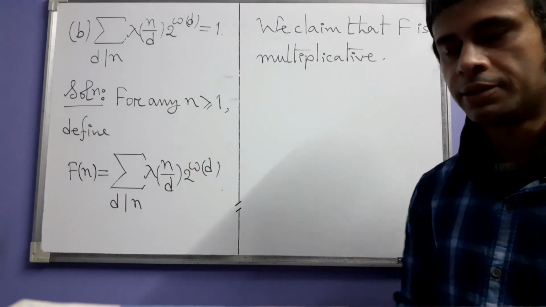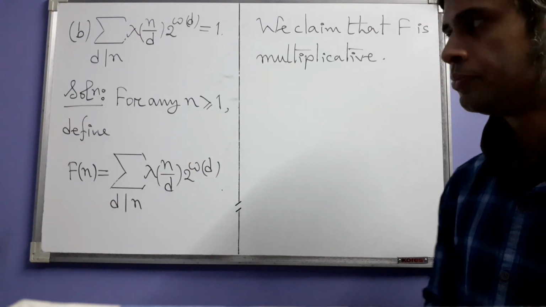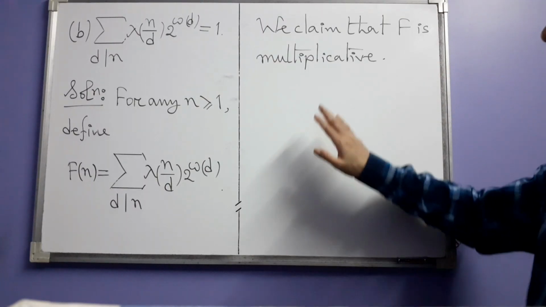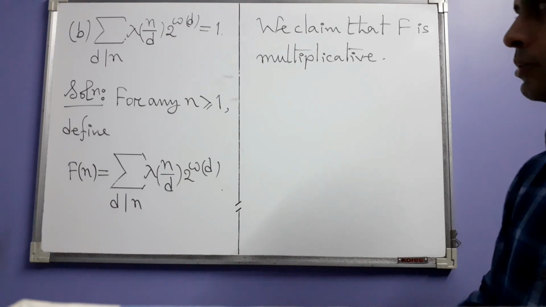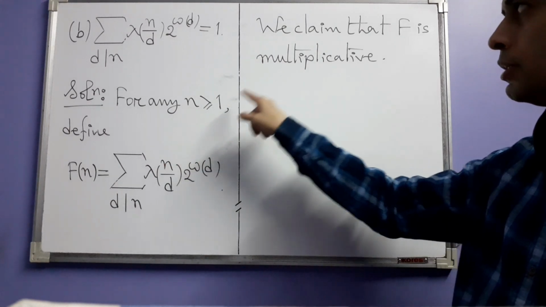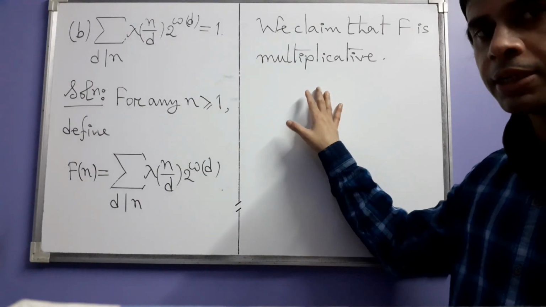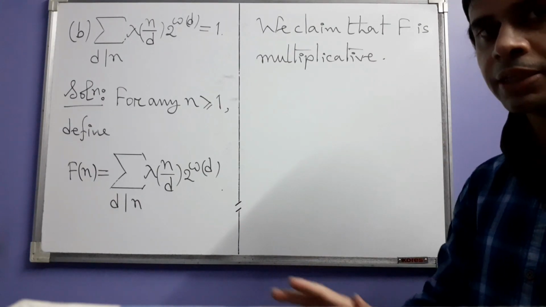It's a large set. So the sum will be complicated and we will get lost. Instead, to reduce the complexity, we make this observation. We claim that our function F is a multiplicative function. Let us first prove this claim and then we will see how it helps us to make things simpler.